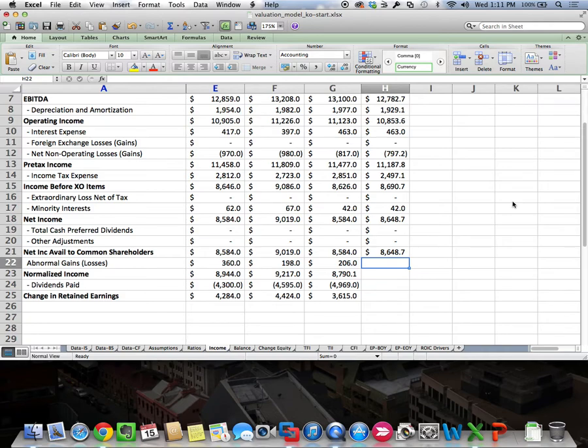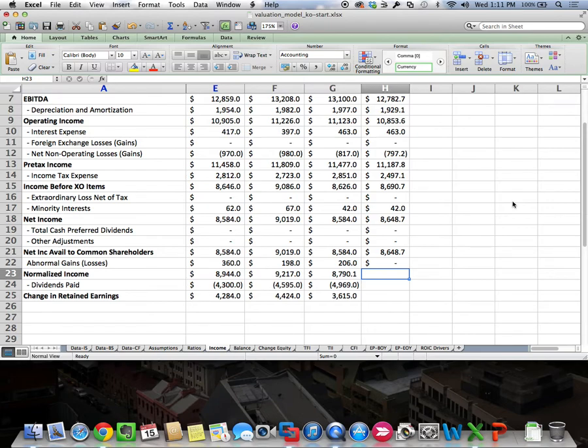Abnormal gains and losses, 0. The key word there is abnormal, right? They're not operating. They don't happen again and again and again. It's interesting for Coke, they seem to happen again and again and again, but nonetheless, they shouldn't. So we're not going to continue to forecast things that shouldn't happen all of the time. If they're really happening all the time, they should be operating, and we should move them up to SG&A or cost of goods sold.